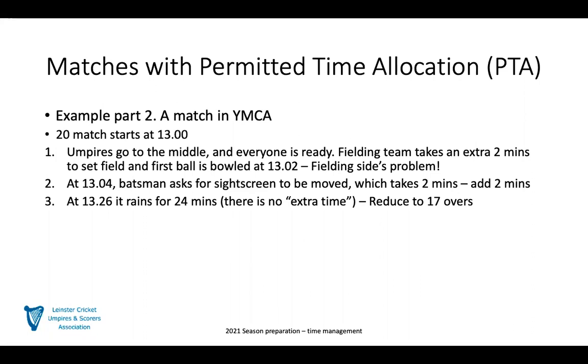So taking 26 away from 68 leaves 42 minutes left of the permitted time allocation. And on top of that, we've given them 2 minutes for that sight screen. So from now there's 44 minutes left for them to be in position to bowl the start of the 16th over. And that 44 minutes is 10 past 2. Everyone okay with all that? Yep.